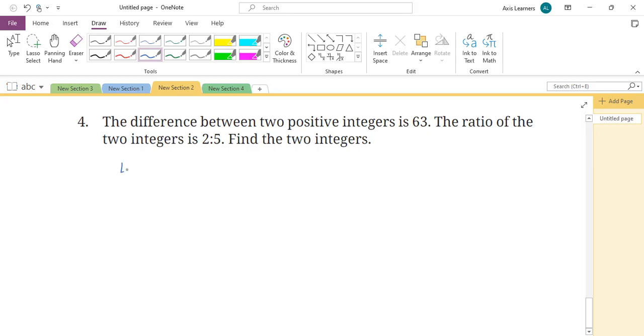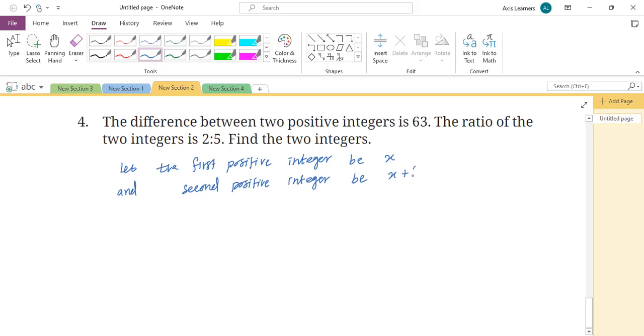Let the first positive integer be x and the second positive integer be x plus 63.